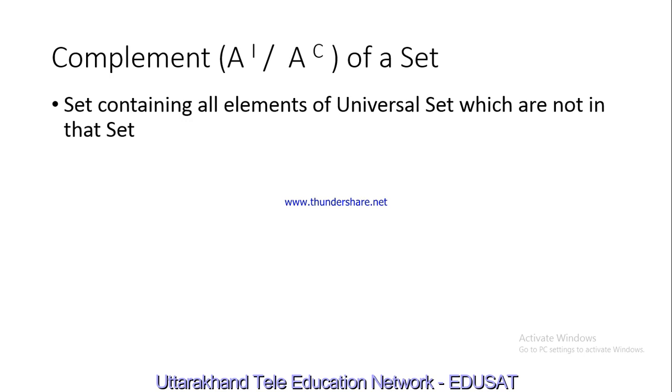So, the complement is another set, or let us say like this: complement of A is another set A dash or AC. These are the notations which are used to denote the complement, A dash or AC. So complement of a set A will be another set which we will denote by A dash or AC, which will contain all the elements of universal set which are not there in A.